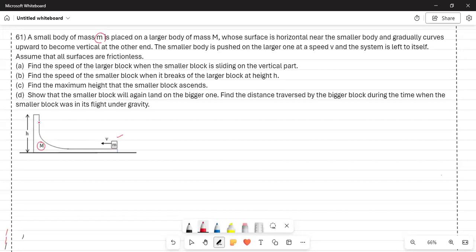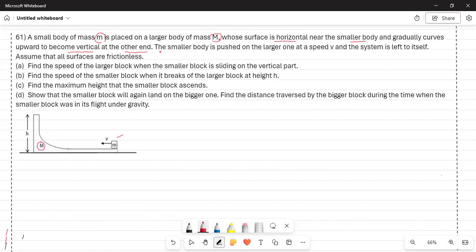The left end is vertical and the right end is horizontal, whose surface is horizontal near the smaller body and gradually curves upwards to become vertical at the other end. Fine.